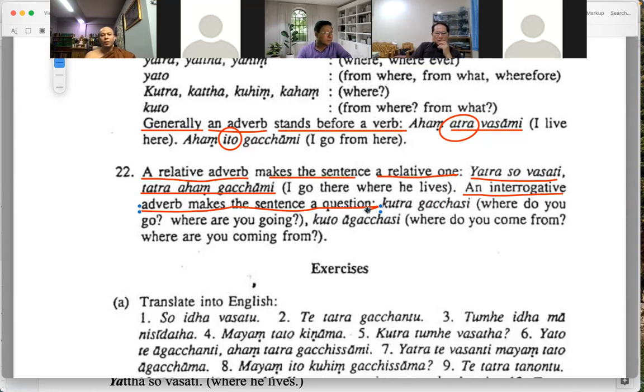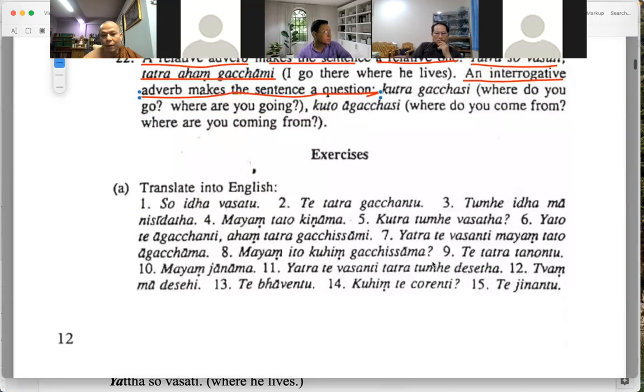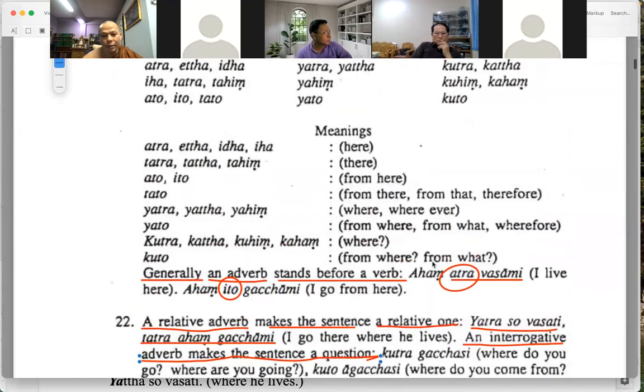Okay. So I hope you understand. Before doing the exercise about this lesson, any question?